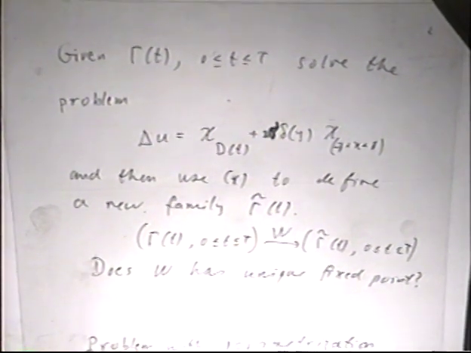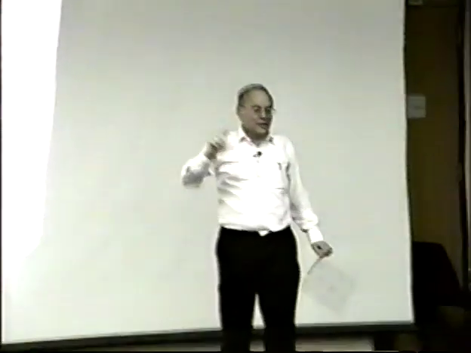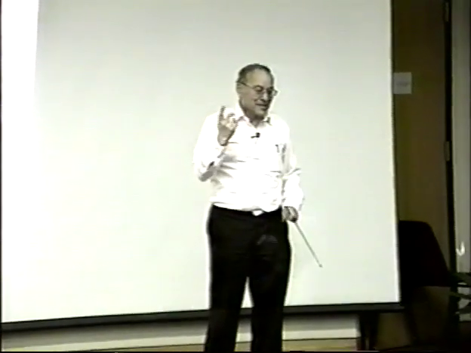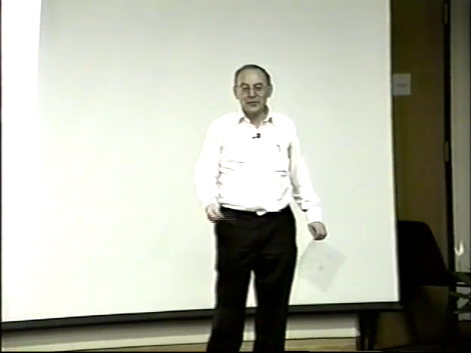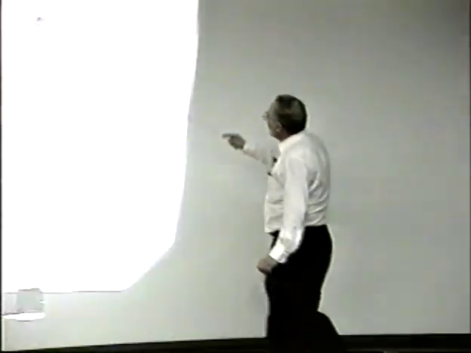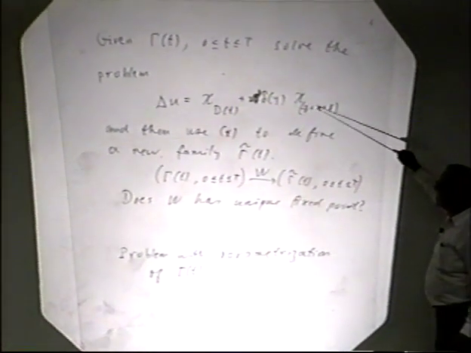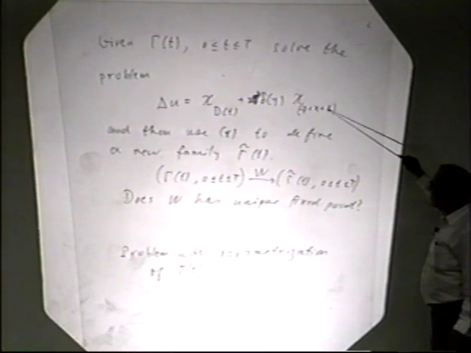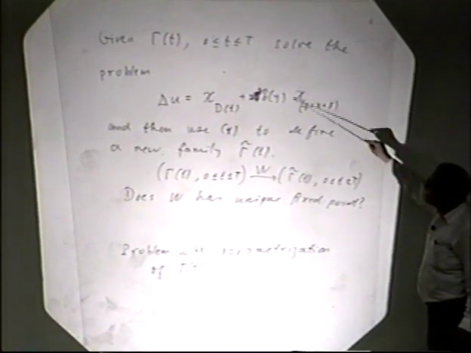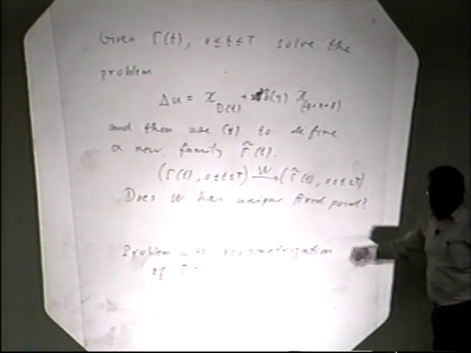In the generalized function sense, this means that the y derivative has a jump, the size of the jump is 2 sigma when x is between minus gamma and gamma, and 0 when you are outside, because then the characteristic function is 0. So that's the same equation system that I wrote before.